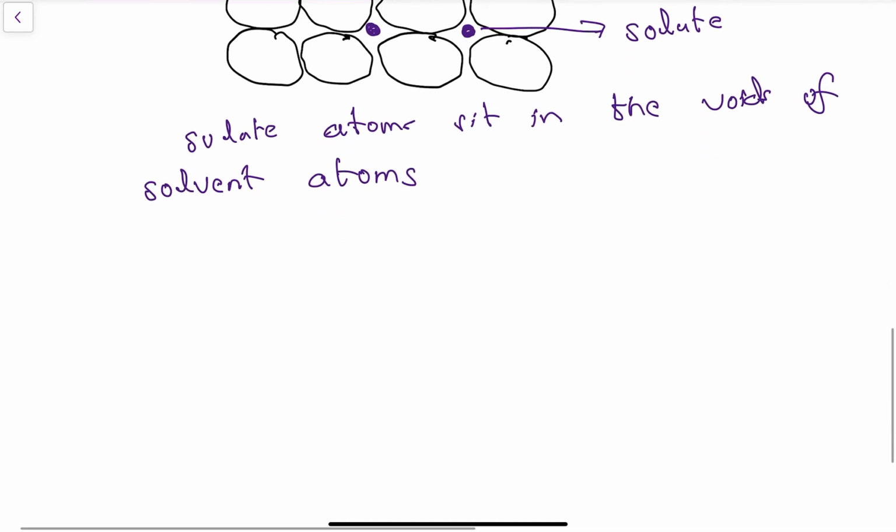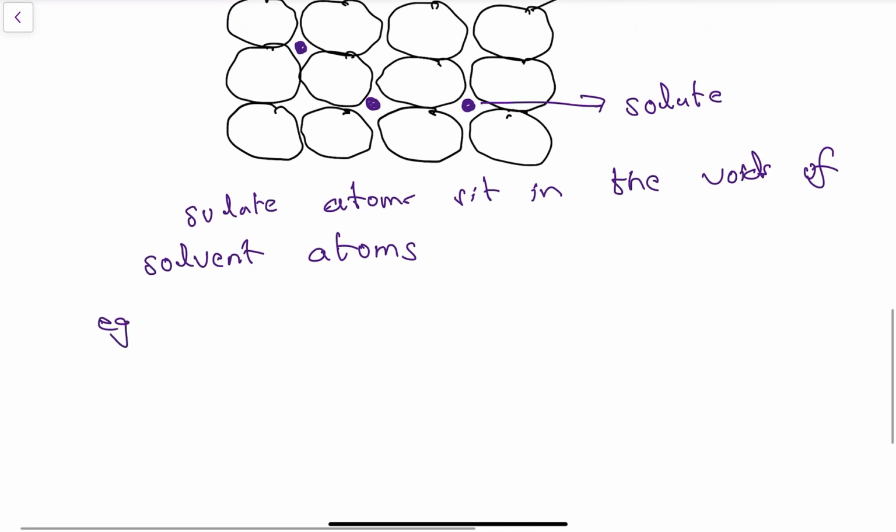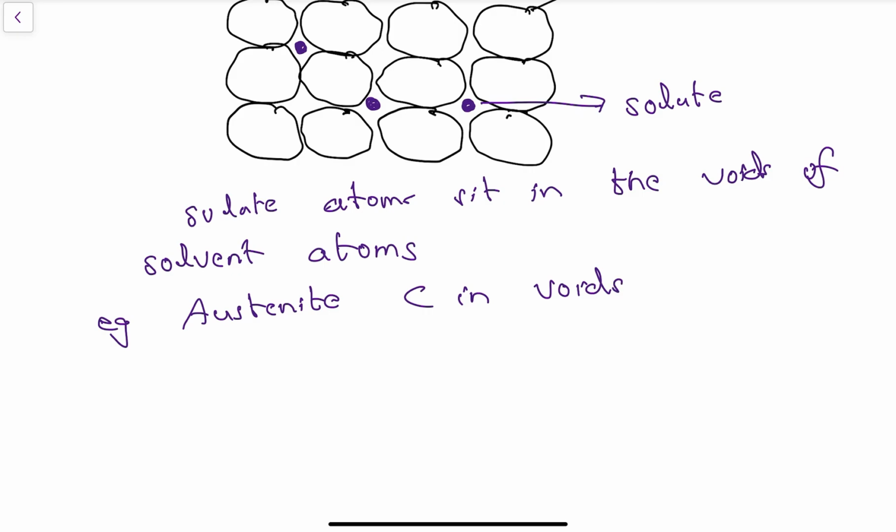One example we have seen is austenite, that is carbon in voids of cubic close-packed structure iron.